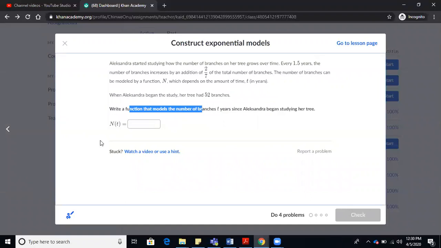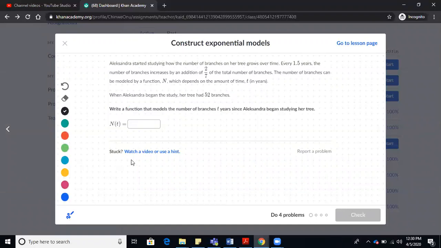So now I'm going to write my function. The first thing you always want to do is start with your initial amount. So initially she had 52 branches. And then you're going to have that multiplied by your b, which is your change to t over something.